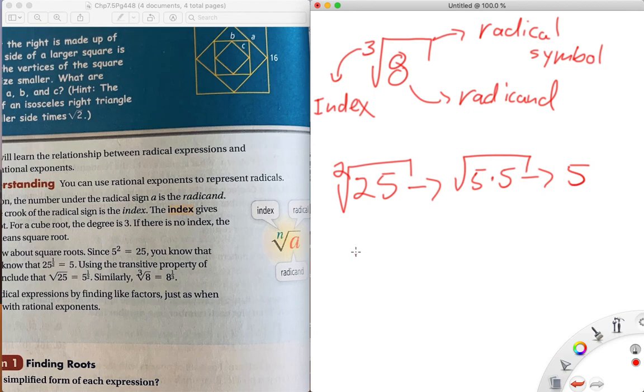We can also have something called a cube root. And in the index we have a 3. And that tells me that I have to multiply this number 3 times in order to get to the root.